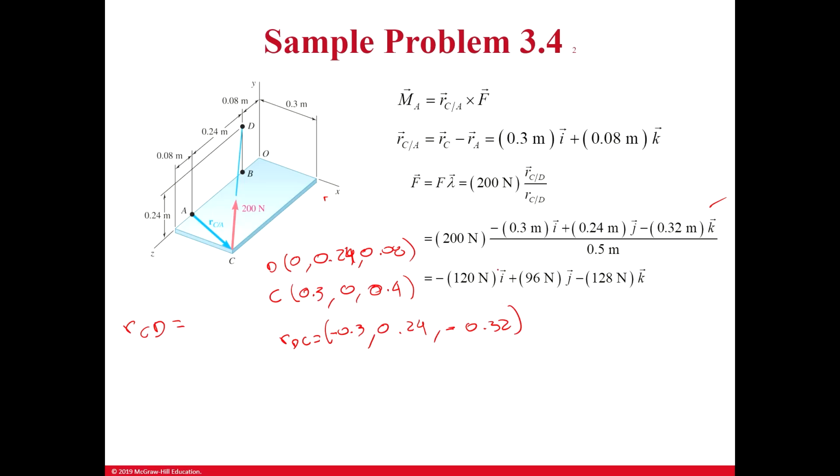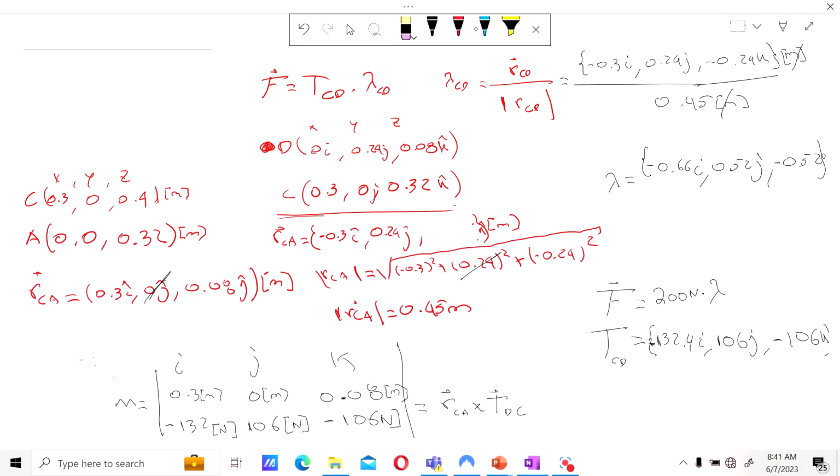This is negative 0.32. All right, so when we do our unit vector, it's going to be 0.24 and negative 0.32. Whoops. Negative 0.32.